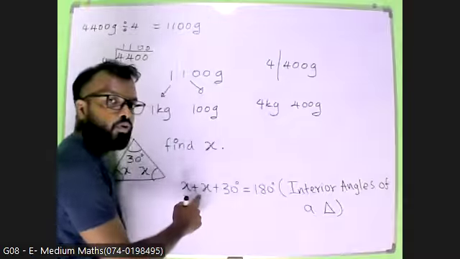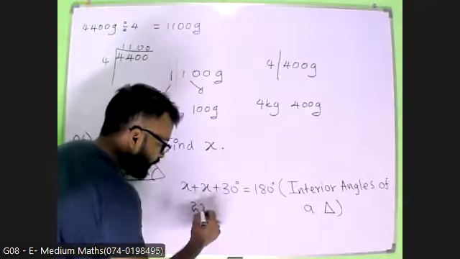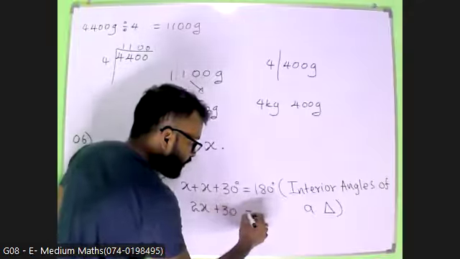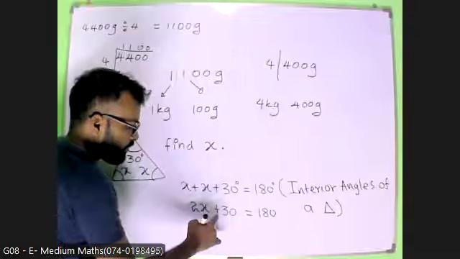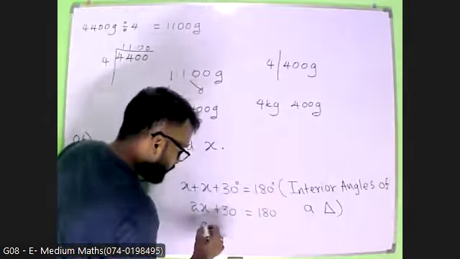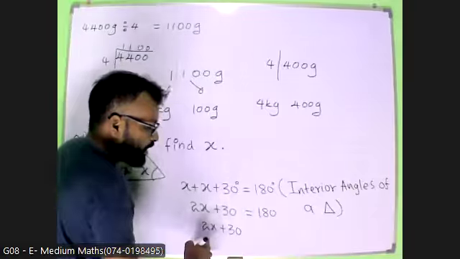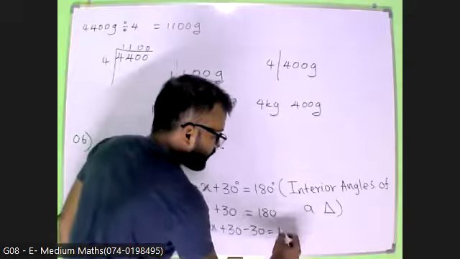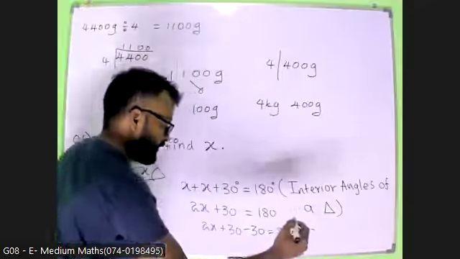So, how do you find the value of x? x plus x, 2x plus 30 equals 180. I am going to take this plus 30 to my right hand side. So I will do the opposite thing, minus 30, and I have to do the same thing for my right hand side as well.